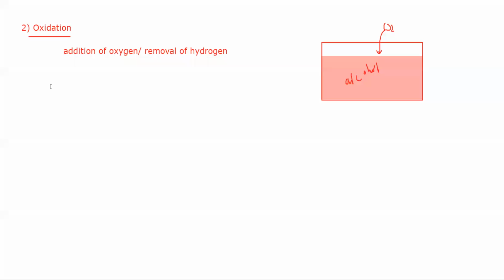And what is the product when alcohol oxidation occurs? So when alcohol plus oxygen, it gives carboxylic acid. So alcohols form carboxylic acid when they react with atmospheric oxygen.